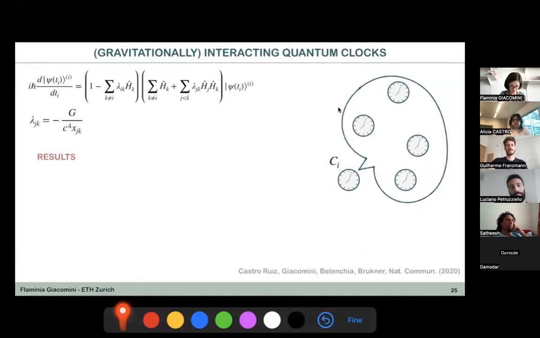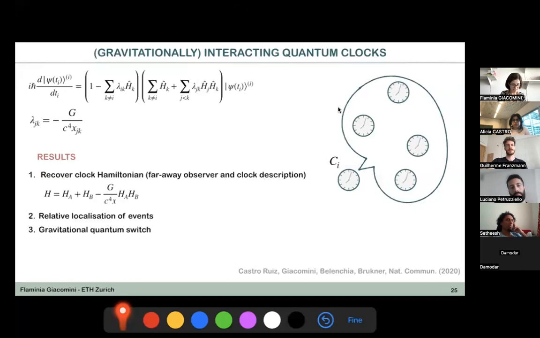So the result that we found in this case is that first we can recover, assuming now that the clock you're picking is far away from all the other clocks, this term will go to 0. And we recover exactly the clock Hamiltonian from the faraway observer description.